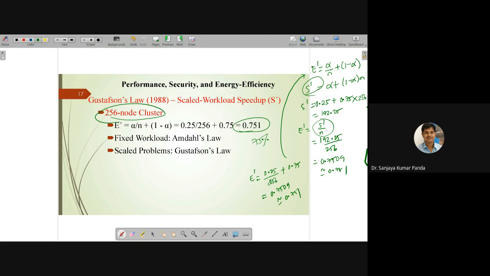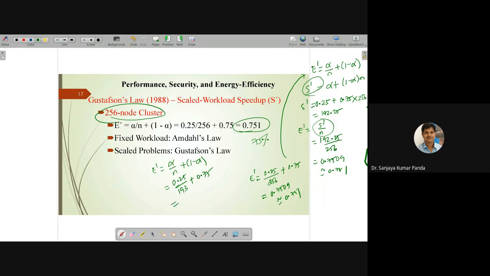Because speed up is 192, that means you can utilize as many as 192 or 193 processors. You try this example again. E days is equal to alpha divided by n plus 1 minus alpha. You try with 193, so 0.25 divided by 193 plus 0.75.